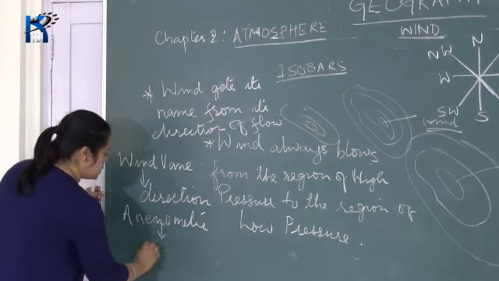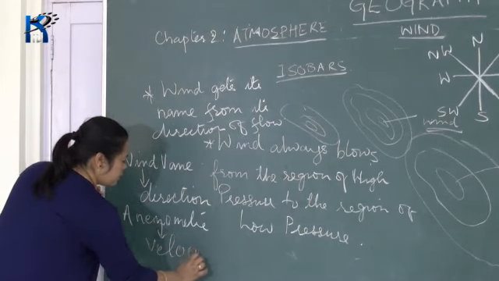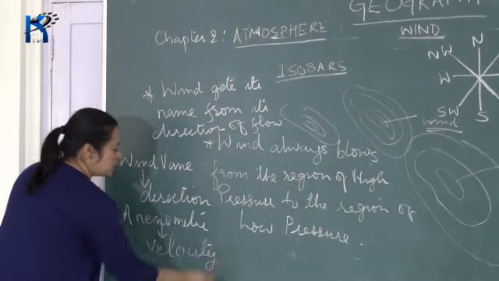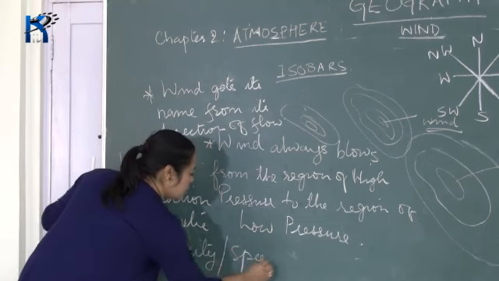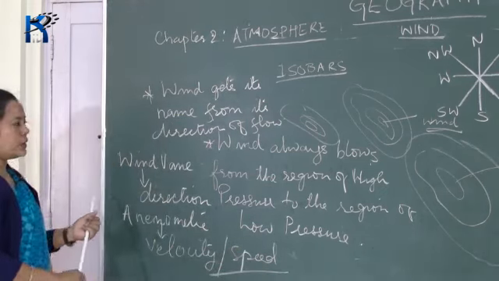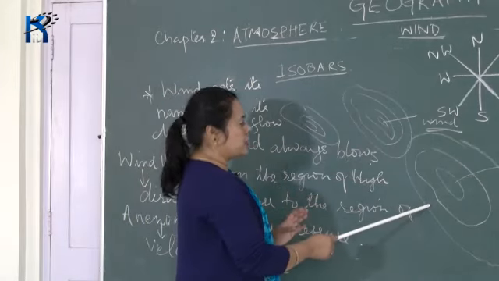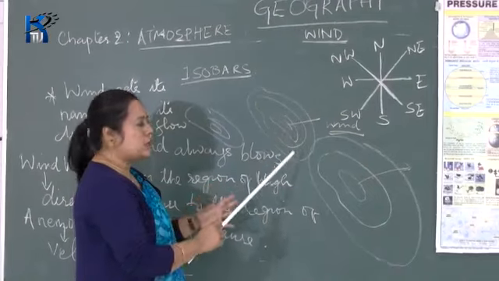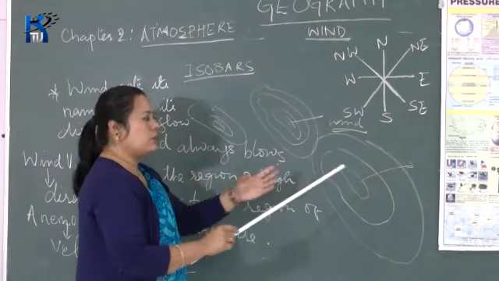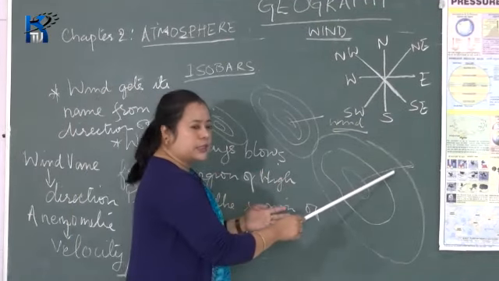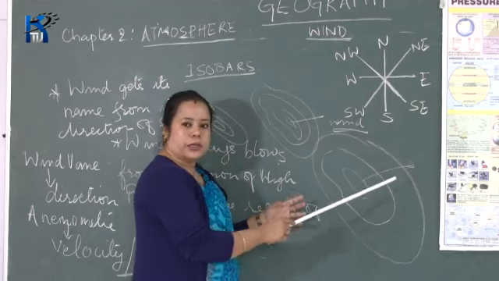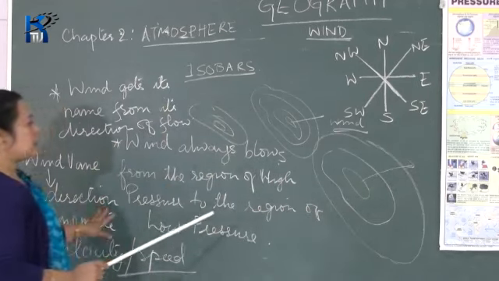It gives the velocity or speed of the wind. As I already told you, it depends on the pressure gradient. If the pressure gradient is steep, the velocity will be high, and if the pressure gradient is gentle, the velocity will be low. These are the basic things.